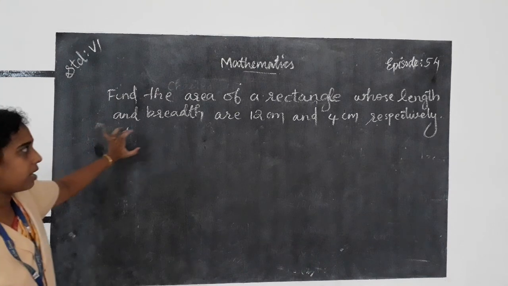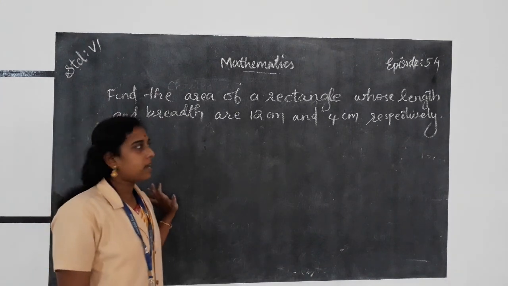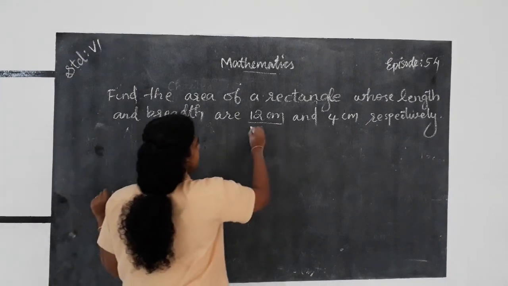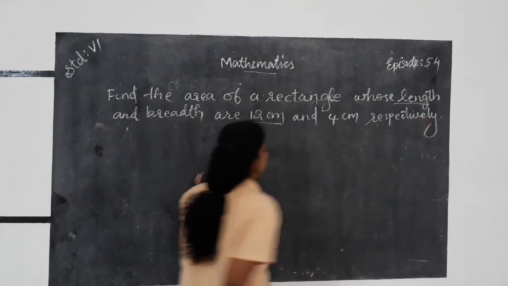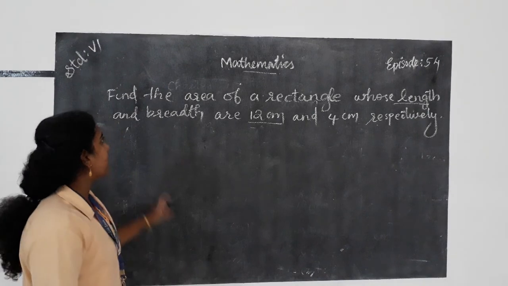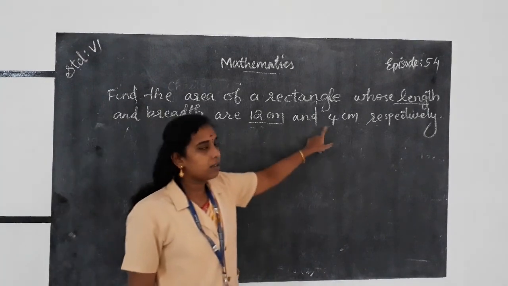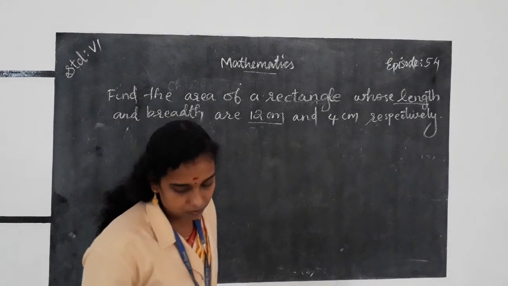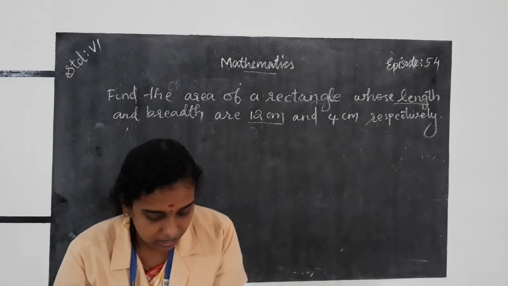Here we want to find the area of the rectangle, and 12 centimeter is the length of the rectangle. The breadth of the rectangle is equal to 4 centimeter. So first you write the steps involved in the question.